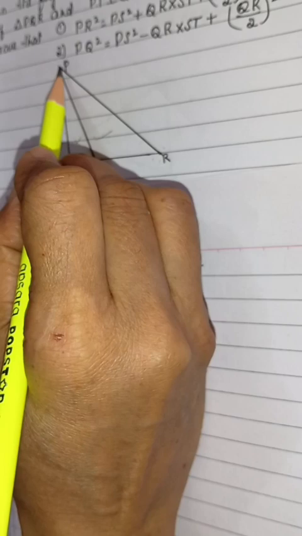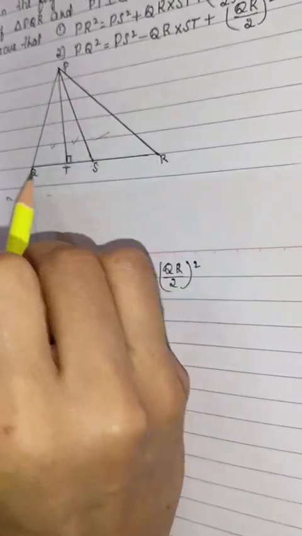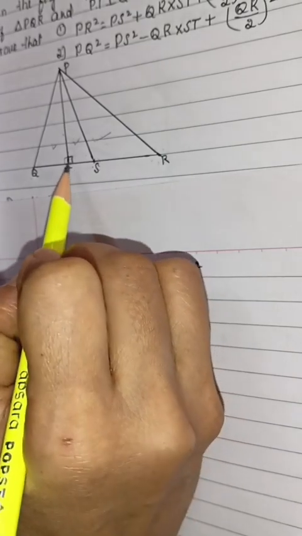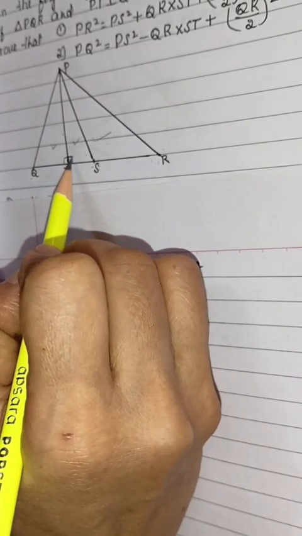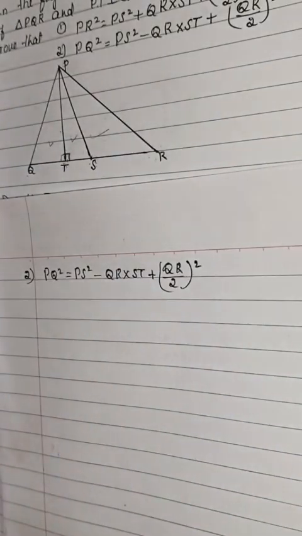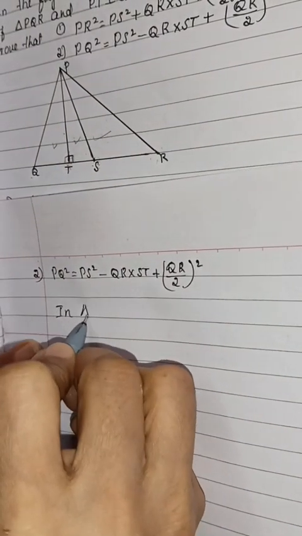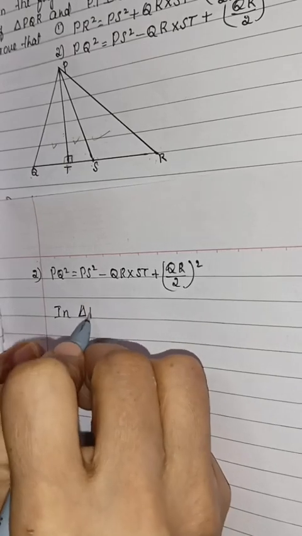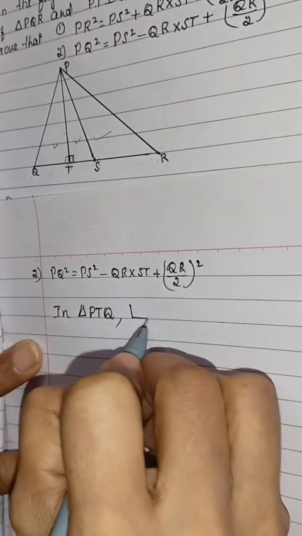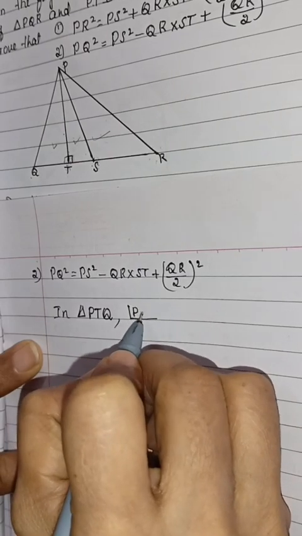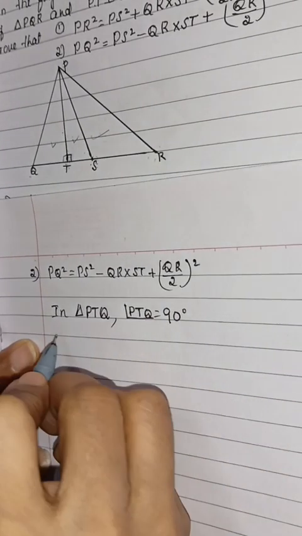Therefore, PTR is 90 degrees, then PTQ is also 90 degrees, because the sum of these two angles is 180 degrees. Therefore in triangle PTQ, angle PTQ is 90 degrees.